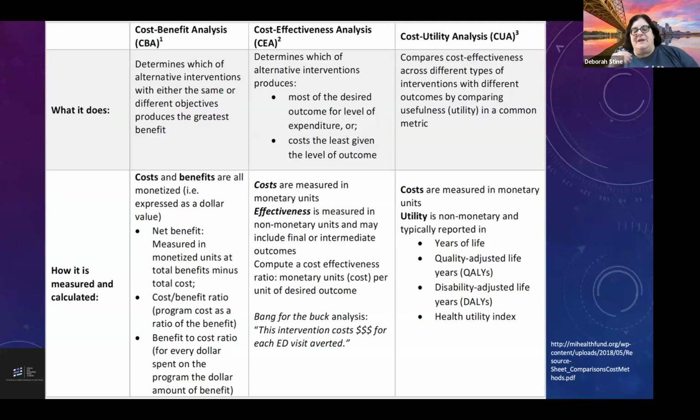Because of this intervention, we're going to have fewer kids going to the emergency room, so that would be less cost, right? And those lower costs are the benefit.